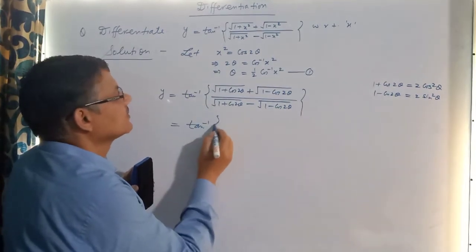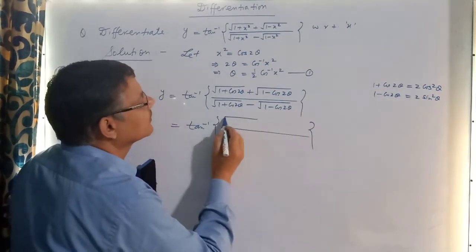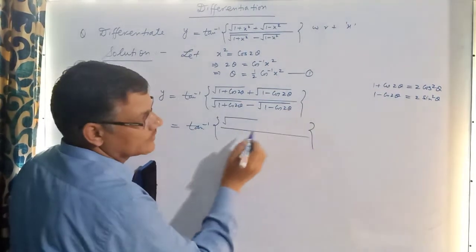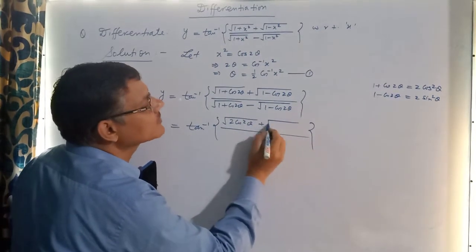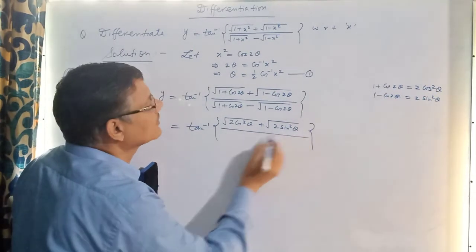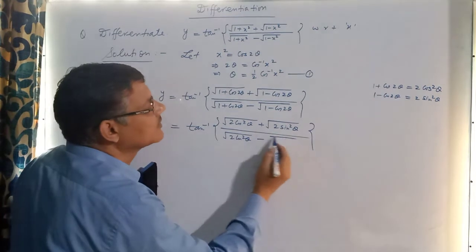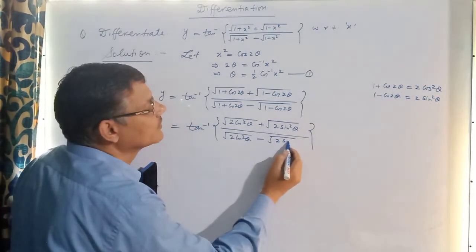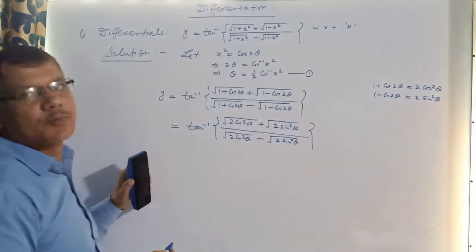Now what about the effect of substitution? It is again very easy to write: 1 plus cos 2 theta is equal to 2 cos square theta, and 1 minus cos 2 theta is 2 sin square theta. Since it is the correct substitution, we must get the function in simplified form.